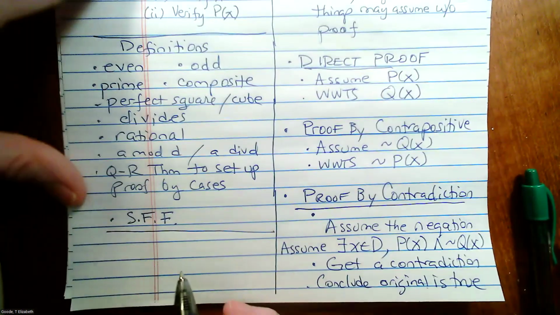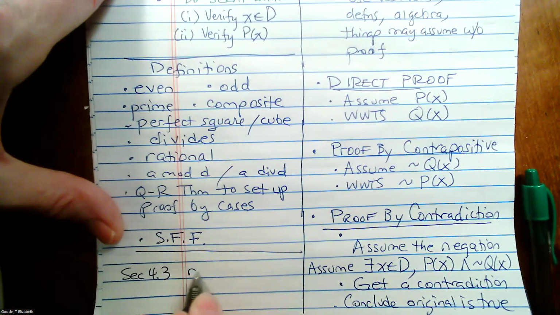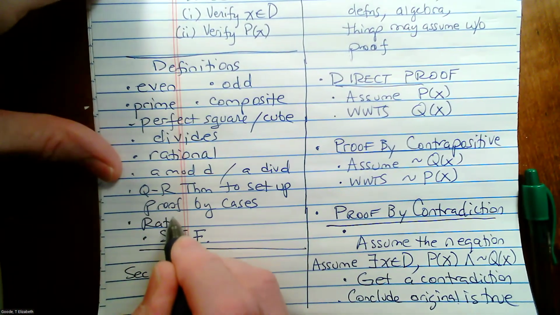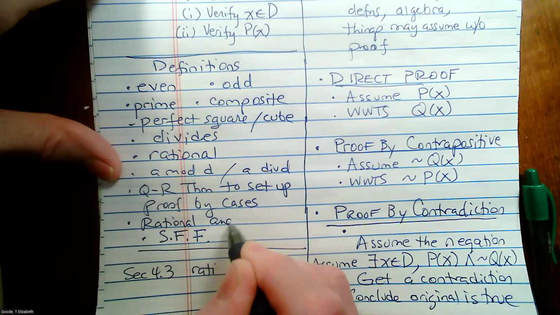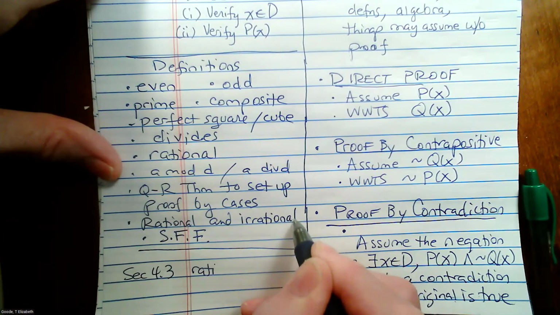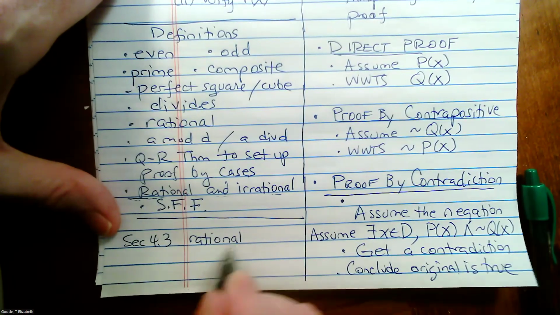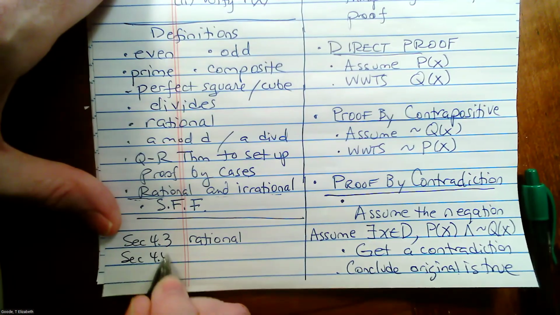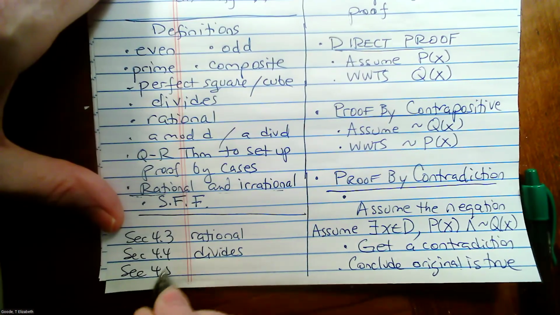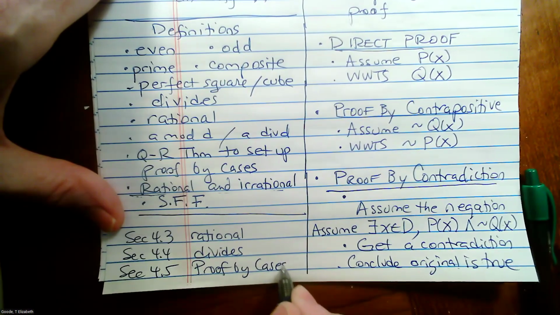But section 4.3 was rational. Oh, and then rational versus irrational. There were some proofs that involved one rational and one irrational, and there's even a special topics video on that. Section 4.4 was divides. Section 4.5 was proof by cases and the QR theorem.